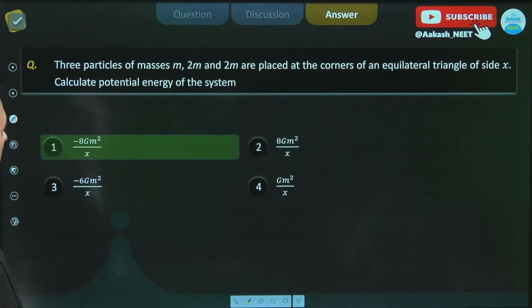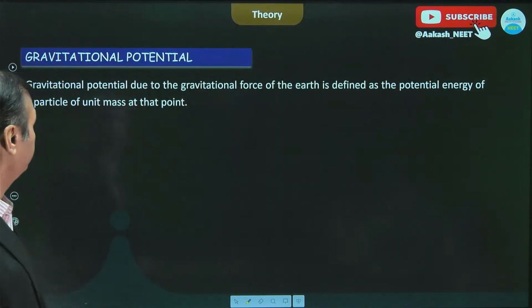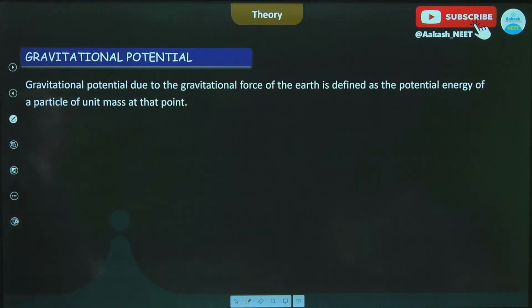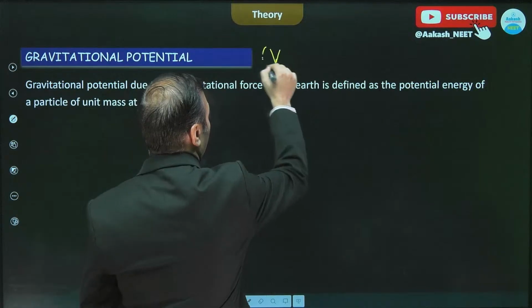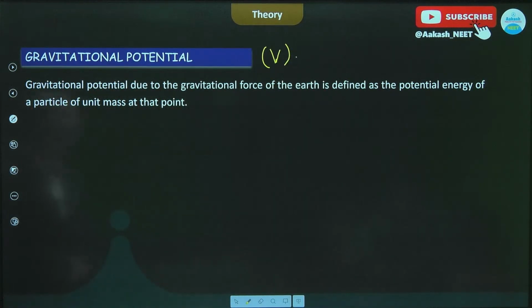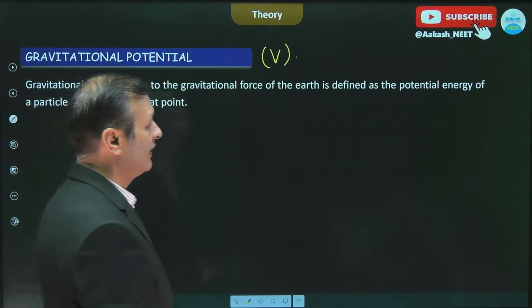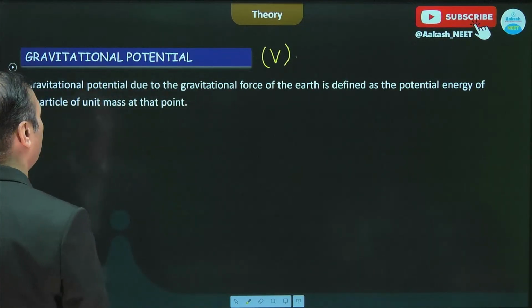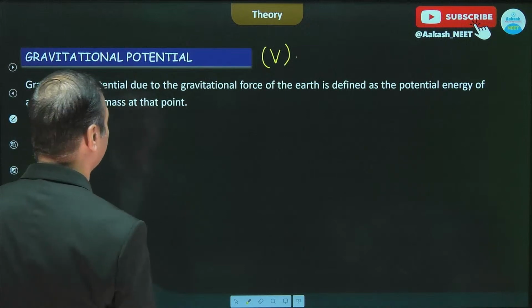Let's verify the answer from the slide also. Yes, this is the same. Gravitational potential is V, and gravitational potential due to the gravitational force of the earth is defined as the potential energy of a particle of unit mass at that point.